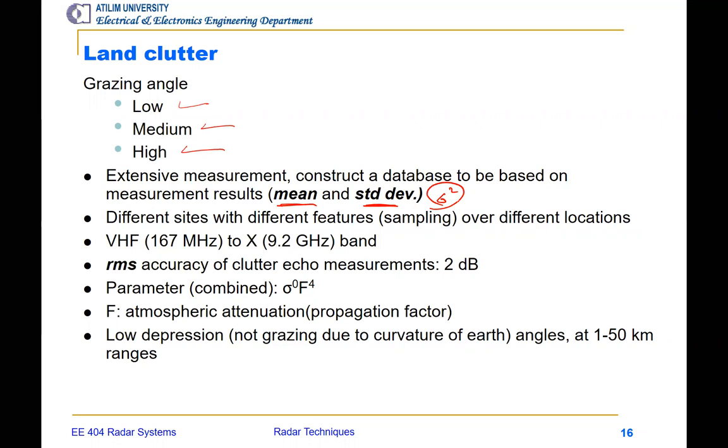And the operational bands will be from VHF to X. And the RMS accuracy of the clutter echo measurements is within 2 dB. And as we couldn't remove the atmospheric attenuation, the measured values somehow include atmospheric attenuation. The range in which the measurements were taken could be 1 to 50 kilometers, depending on the site.